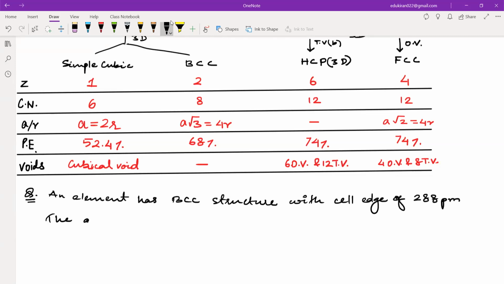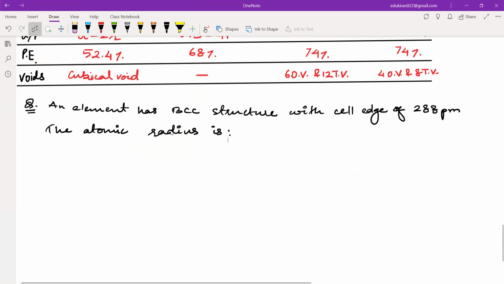They are asking the atomic radius is how much? Okay, so you have been given some options.